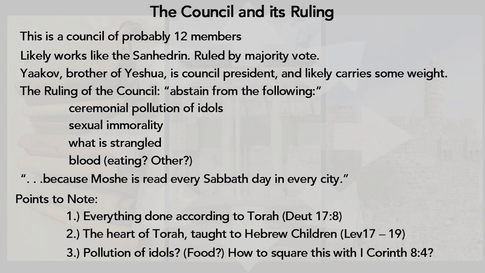Paul seems to be saying, look guys, I know and you know that there's no such thing as other gods in this world. There's only one God. And it's okay to eat food sacrificed to idols because we know that idols are not real. If he's saying that, then he's directly contradicting what James did here at the ruling council. I would just encourage you to spend a little time in 1 Corinthians and look at some different ideas, because I'm pretty confident through my own studies this last couple of weeks that's not what he's talking about there.